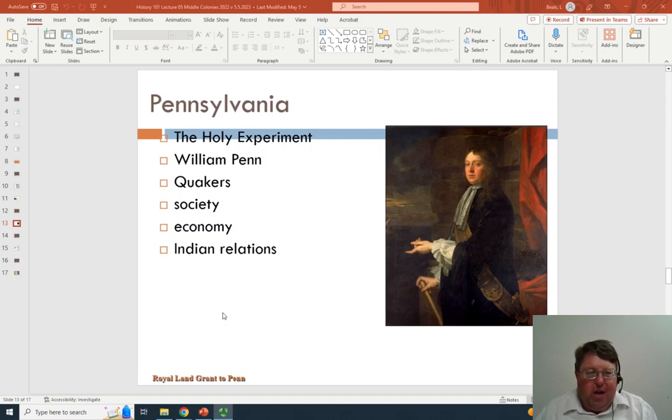And he uses his dad's connections with the military to get a colony, and he calls his colony a holy experiment. We're going to go to Pennsylvania, and we're going to live according to God's will. So kind of like the Puritans, we're going to have this holy experiment. We're Quakers. We're going to go to the New World, and we're going to have this religious society, an experiment on when the holy community gets together.